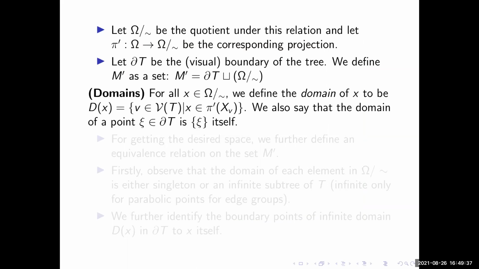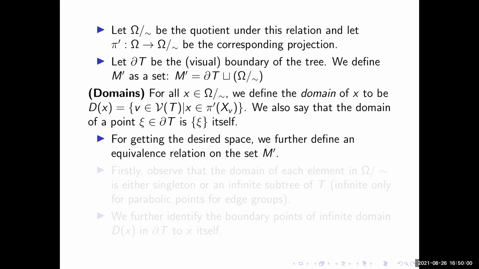So for that we will need to define this domain. If you take any point x in omega mod tilde, we define its domain to be the subtree of the Bass-Serre tree along which we can flow that point. We also define the domain of a point xi in the boundary of the Bass-Serre tree to be xi itself. So for getting the desired space, we further define an equivalence relation on this set M prime.